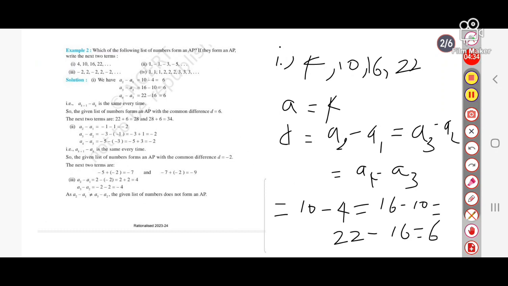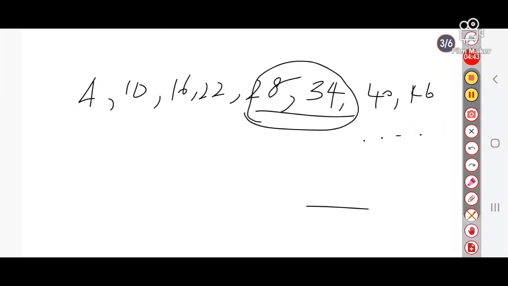Now similarly they have given up to 4 subdivisions. The first we have seen just now. Kindly have your textbook with you so that it will be easy for you. The second subdivision is 1, minus 1, minus 3, minus 5, and it goes on. They are asking whether this forms an AP, and if it does, write the next two terms.